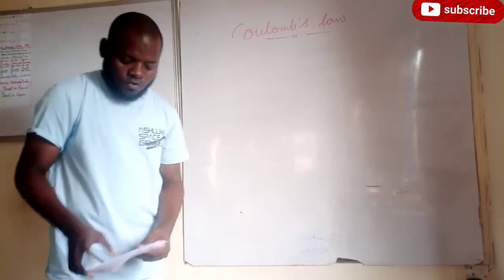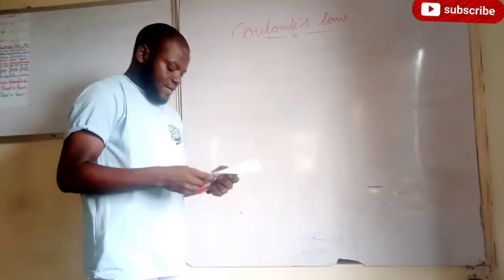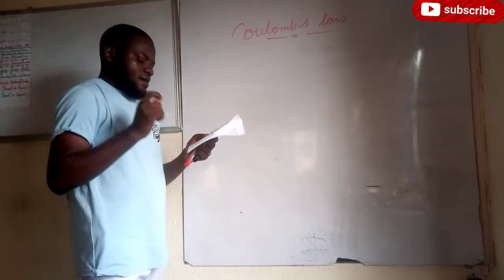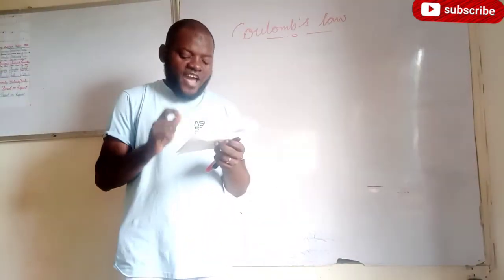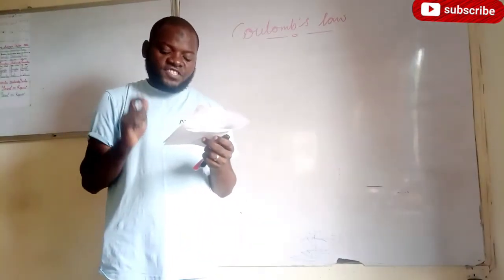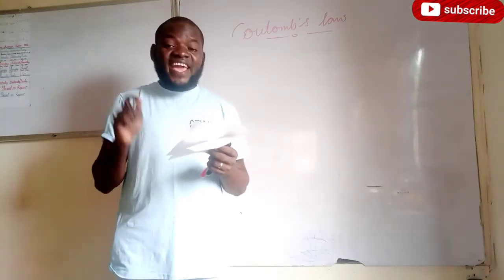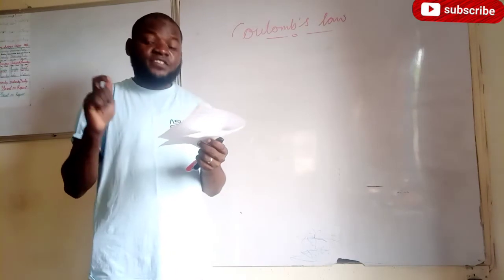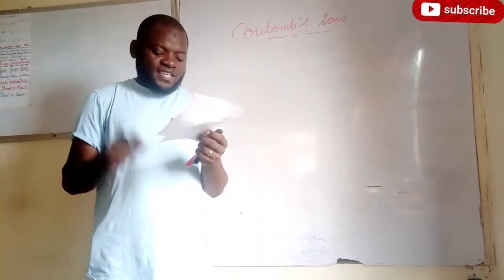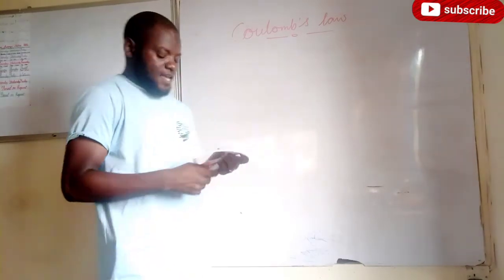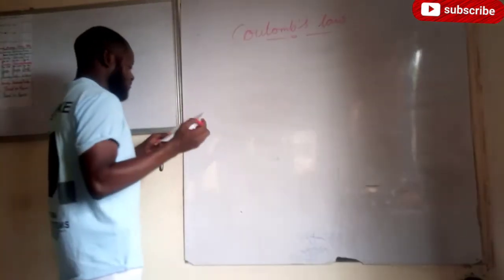So as for the second question, we have that a positive 5 microcoulomb point charge is 20 centimeters away from a negative 15 microcoulomb point charge. What is the magnitude of the electrostatic force between them? Okay, I think we can read the question now.